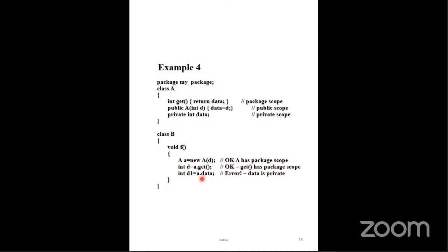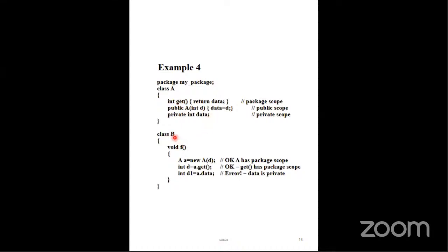But if I try to access this data directly, then I get an error. Why does it give an error? Because this data member has the private access specifier, which means it is accessible only within this class. It is not accessible outside the class.